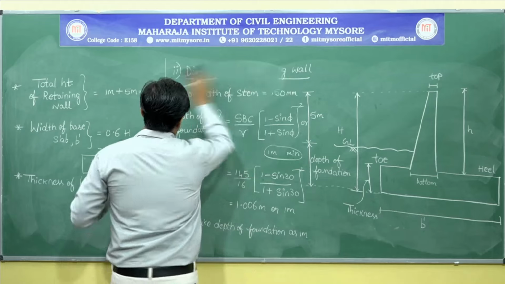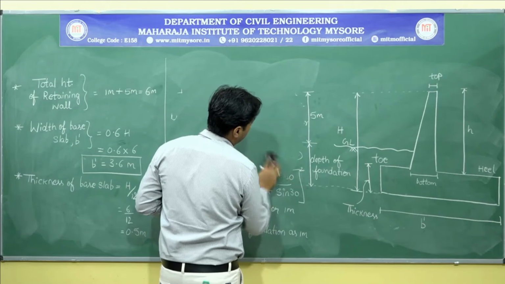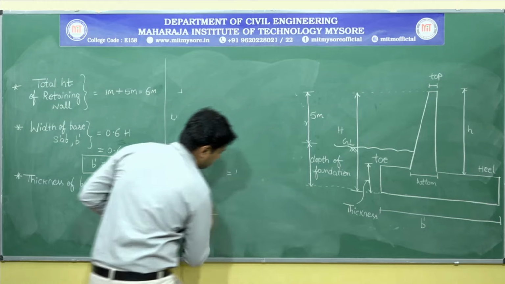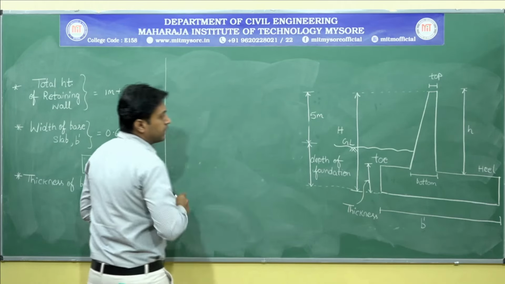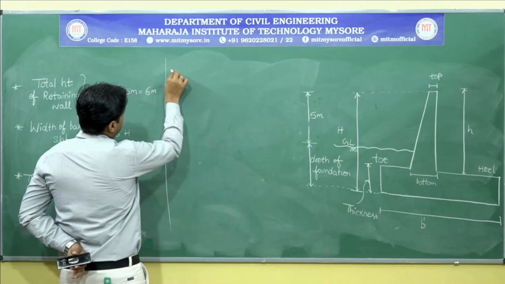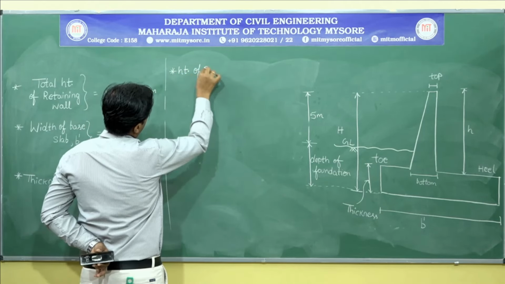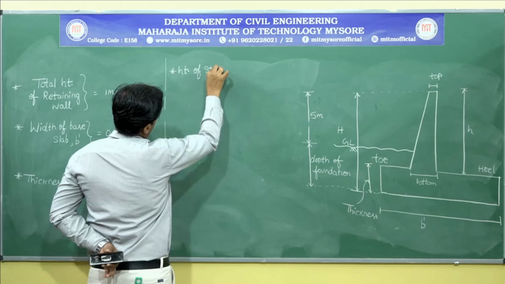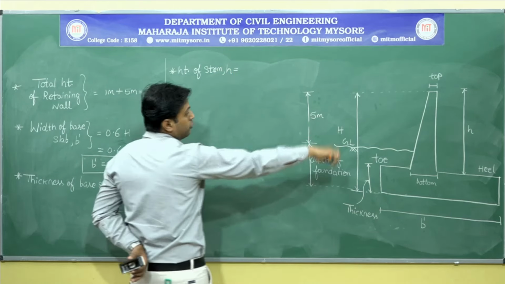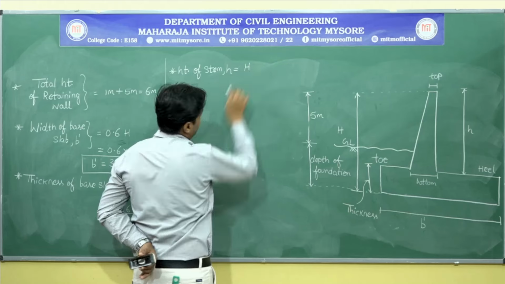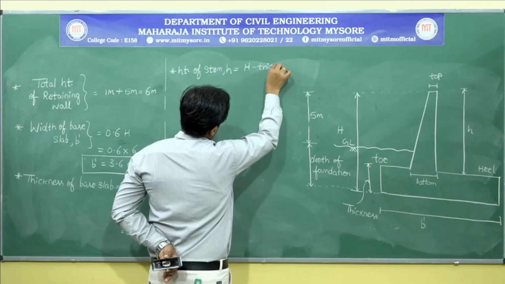So I will continue here. Height of stem H is equal to total height H minus thickness of base slab.